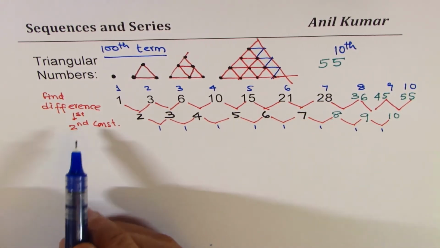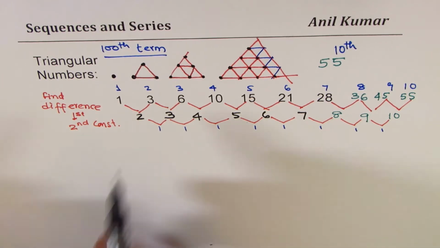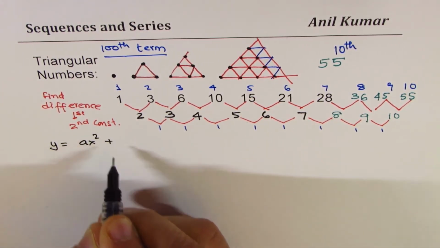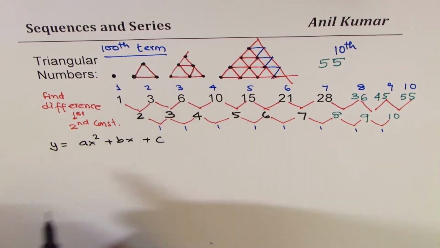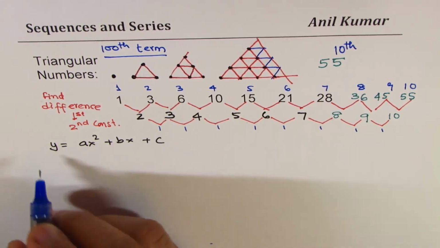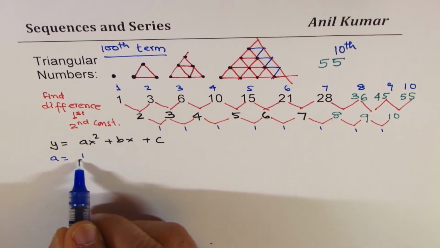Since it is the second finite constant difference, we are going to use the quadratic equation y equals ax squared plus bx plus c to represent our formula. And as you learned in the previous exercise, the value of a clearly is the finite difference divided by 2, which is 1 divided by 2.